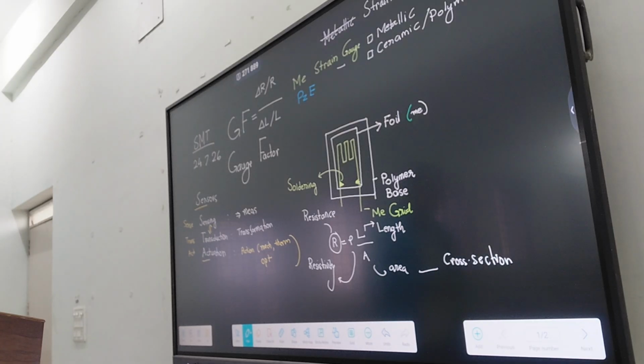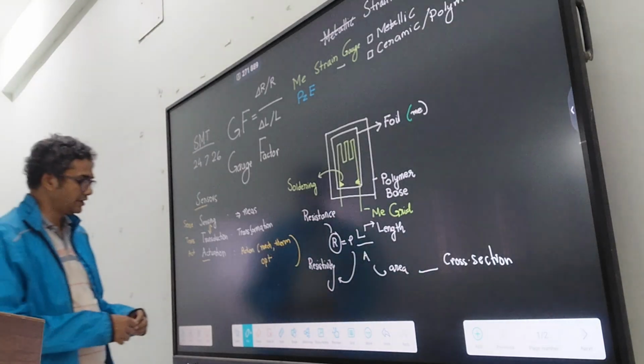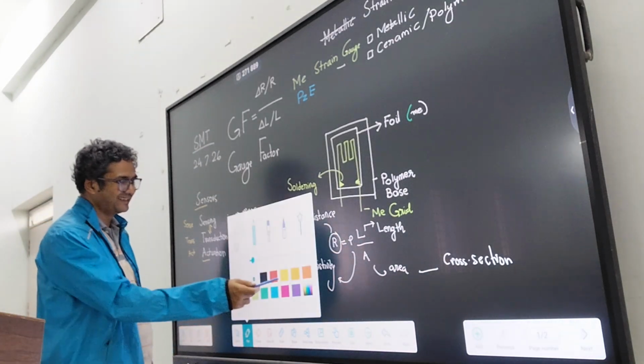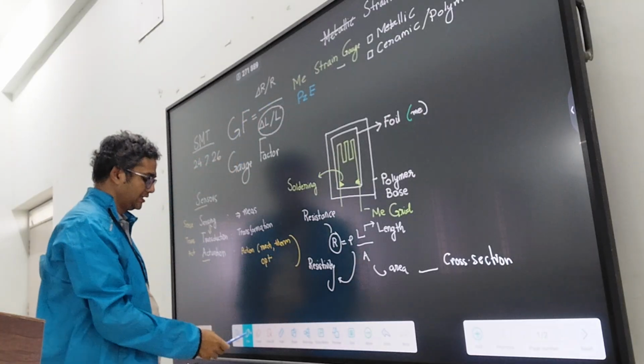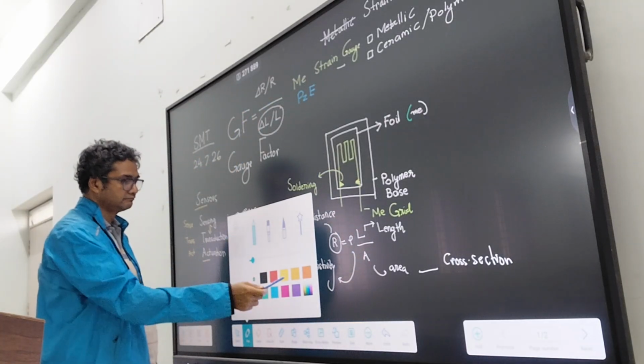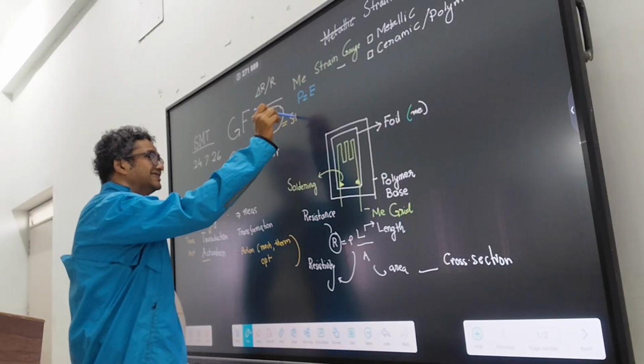So, length, changing length by original length and changing resistance by original resistance. So it is also known as strain. This one. You can call it as the strain.